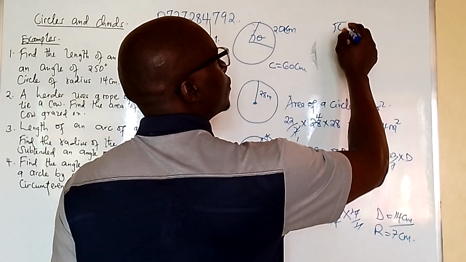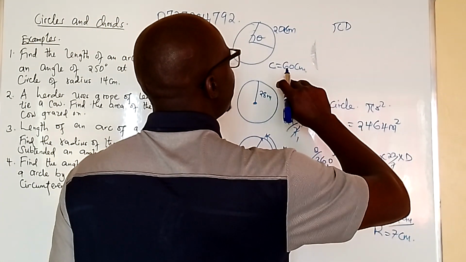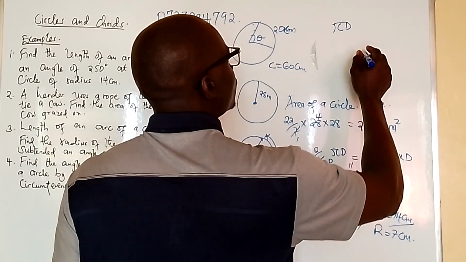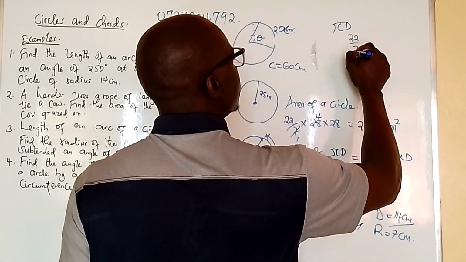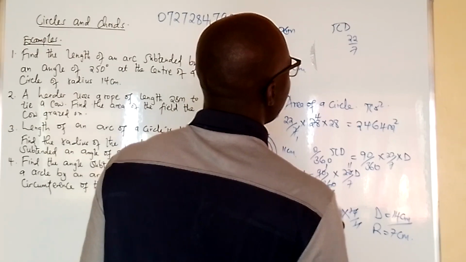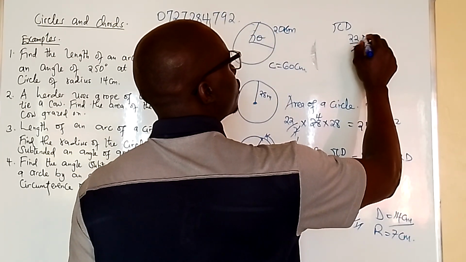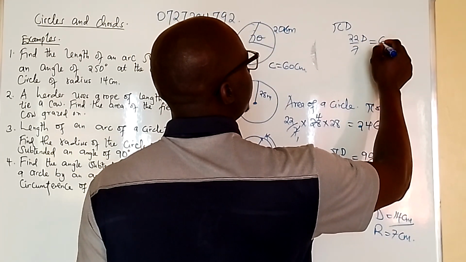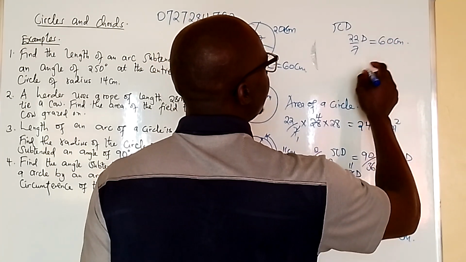So, how do we get the circumference of the circle? Circumference of a circle is pi d. Good. So, therefore, we have 22 over 7 times d. What is the diameter? That is what we are looking for. 22 over 7 d is equal to 60 centimeters, okay?